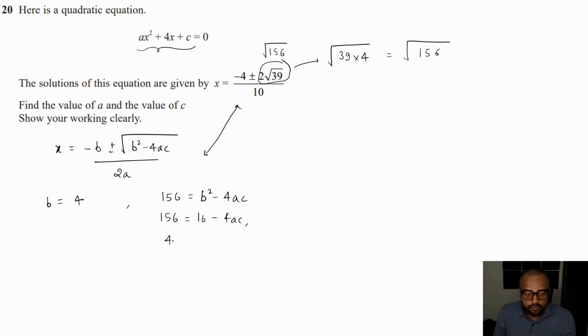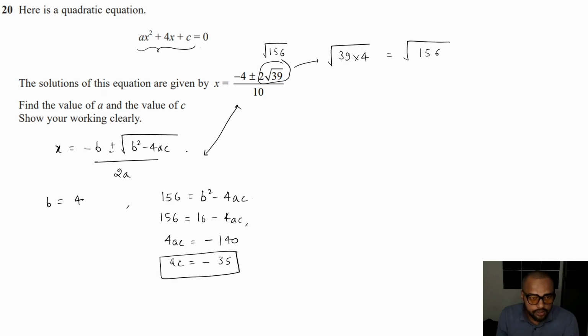So from here we can say 4ac will be equal to negative of 156 minus 16, so I think it will be 140, yes, negative 140. So ac will be equal to negative 35.